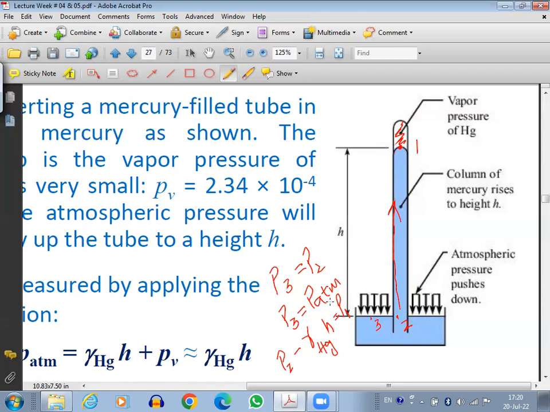Putting in the absolute values, P2 equals gamma Hg times H, which equals P3, which equals P atmosphere.